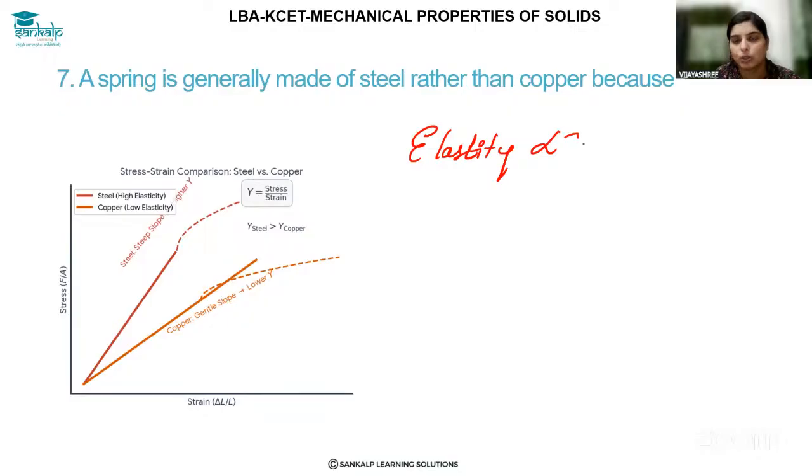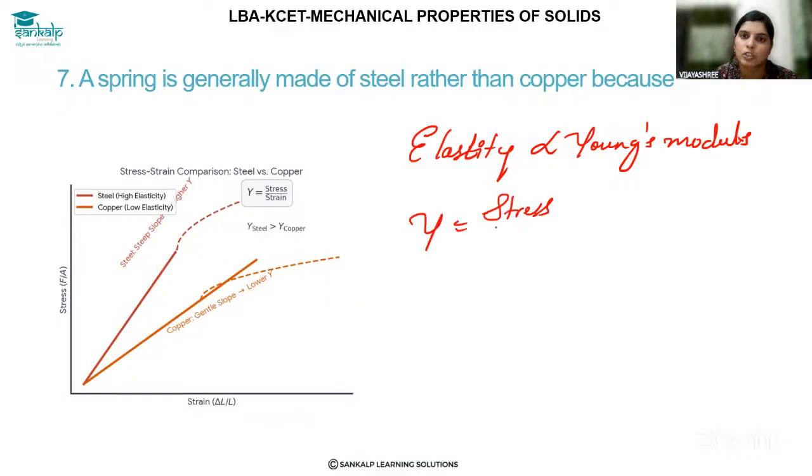Elasticity is directly proportional to Young's modulus. So elasticity more means Young's modulus more. Young's modulus Y is equal to stress divided by strain, which we already know. This implies a material with higher Young's modulus will suffer less strain.